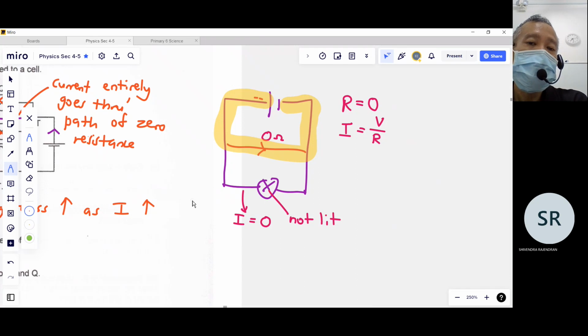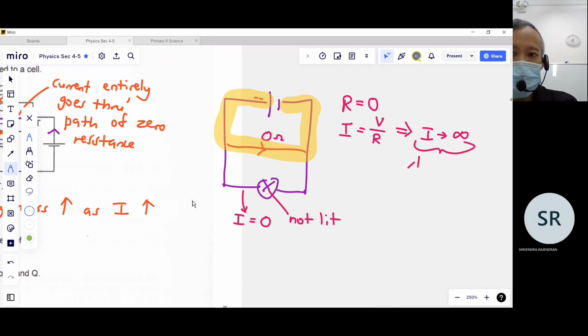Look at this formula. If my resistance is zero, what is my current? Infinite current, no? So therefore, this is actually a short circuit. This is what they call short circuit.